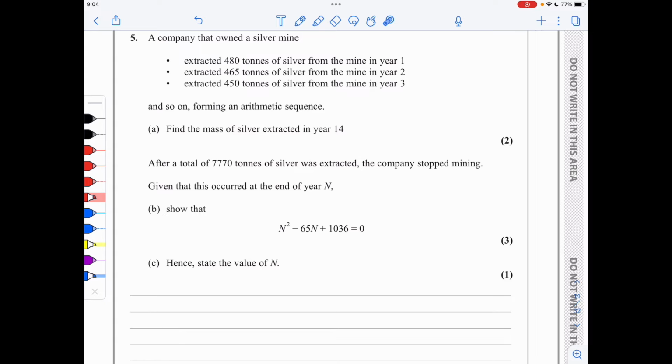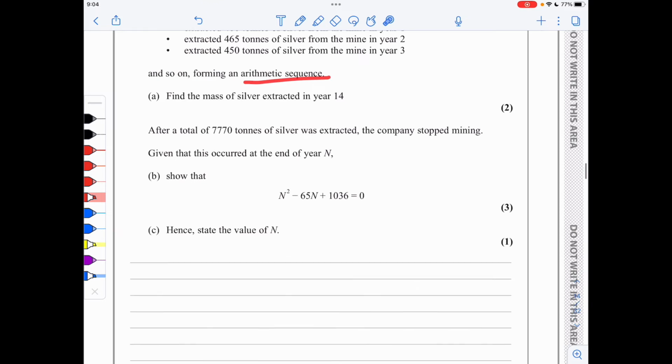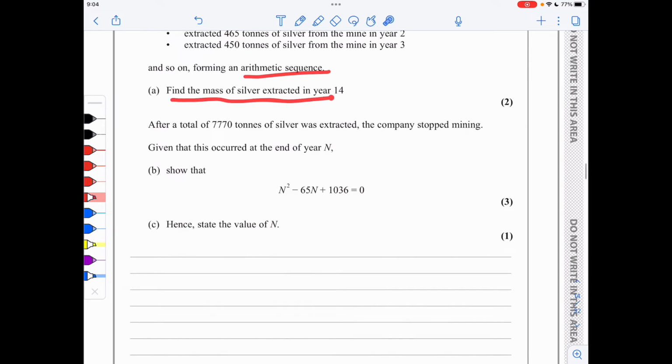In question 5, we are being told that a company has extracted 480 tons in year 1, then 465, then 450, so we're forming an arithmetic sequence. We are being told to find the mass of silver extracted in year 14.